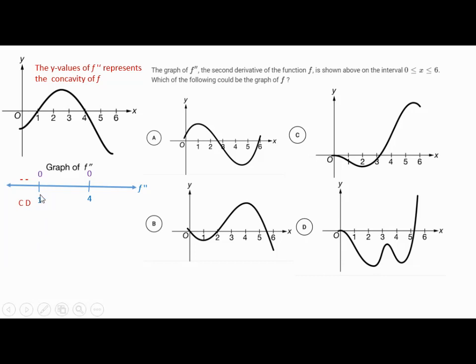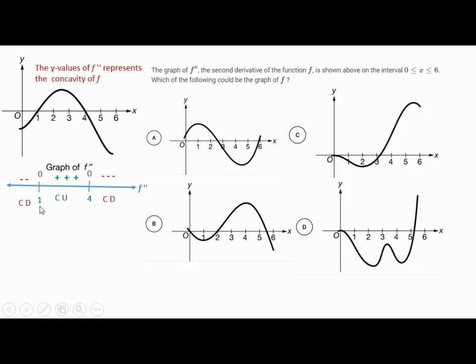The y values between 1 and 4 are positive because it's above the x-axis. That means the second derivative is positive. So therefore, f of x must be concave up on the interval of 1 to 4. And then lastly, from 4 on, the y values are negative, which means that f of x must be concave down on that interval after 4.